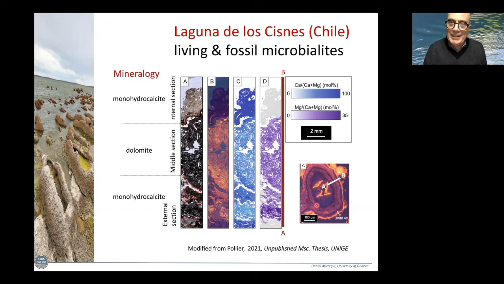We have to look in more detail. And we did a lot more analysis using Raman, a new technique developed with Raman spectrometry, and we also did XRD, etc. So we are sure that this is dolomite.